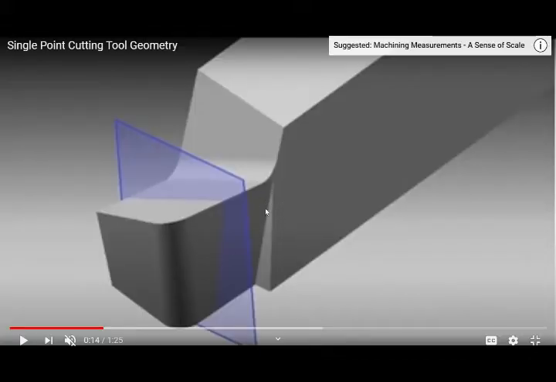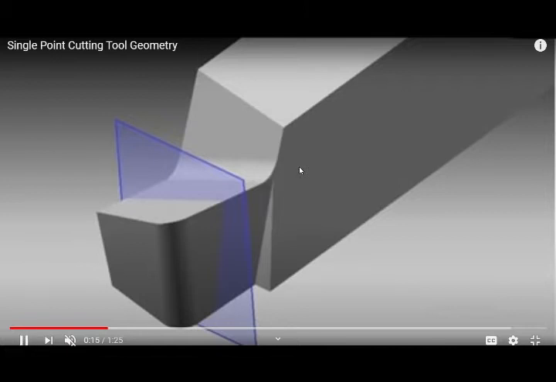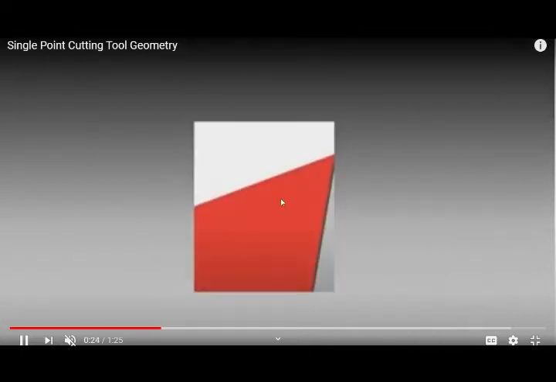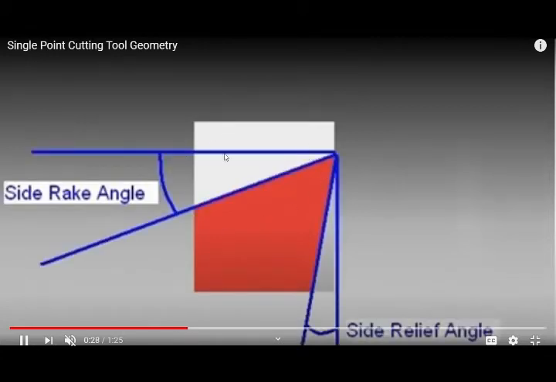Here also you observe this figure, different angles also shown in animation. Here this is the tool, single point cutting tool. This is the side face, side rake angle and side relief angle.